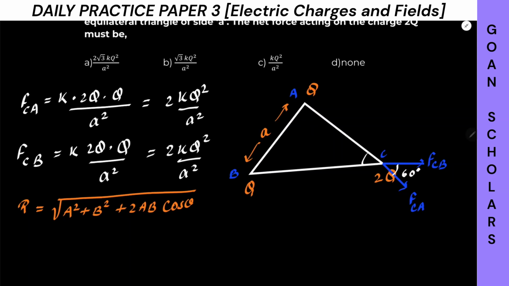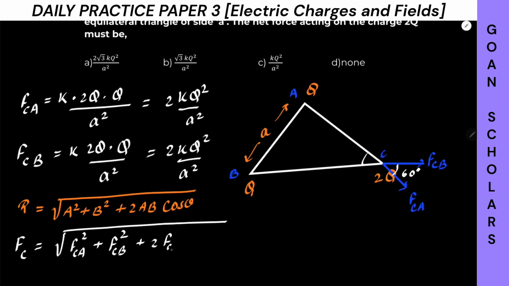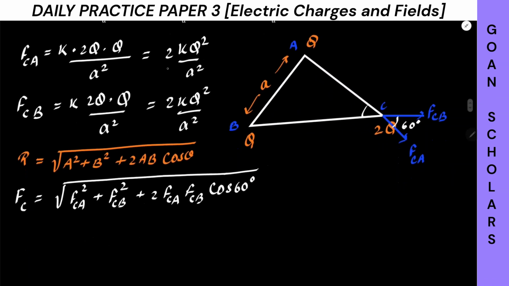So let me write here, the net force acting on C will be equal to root under FCA square plus FCB square plus 2 times FCA FCB cos of 60 degrees, because the angle between them we found as 60 degrees. Secondly, if you look at the magnitudes of FCA and FCB, they are the same, right?